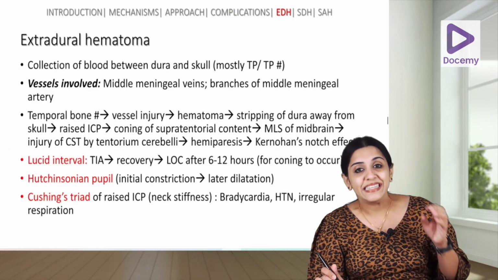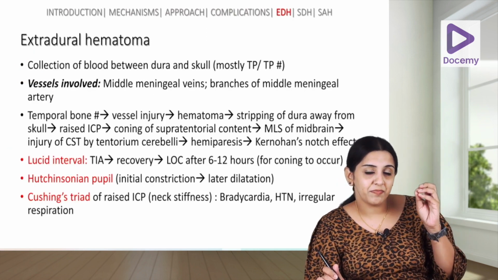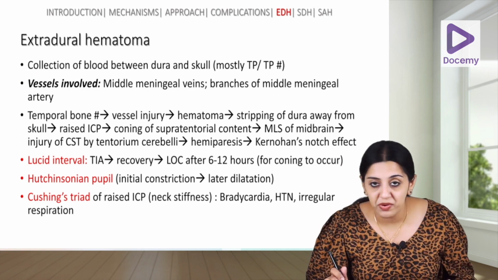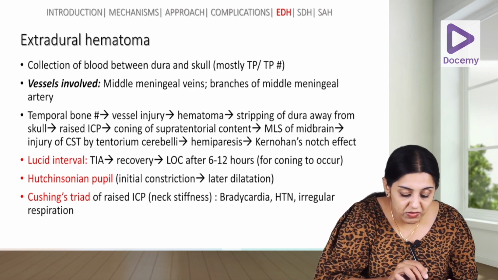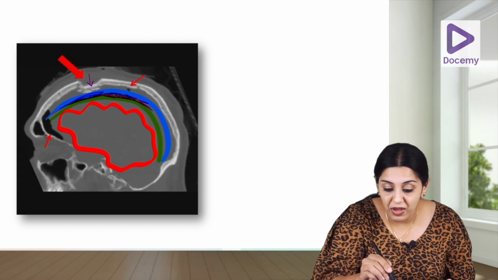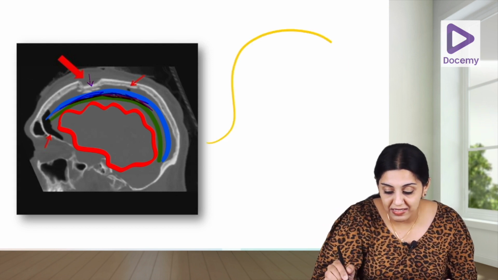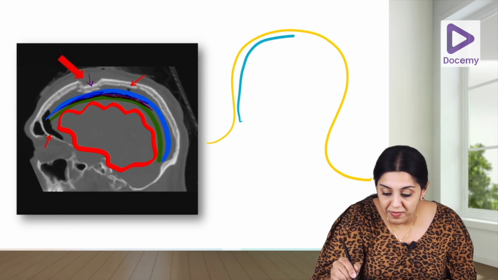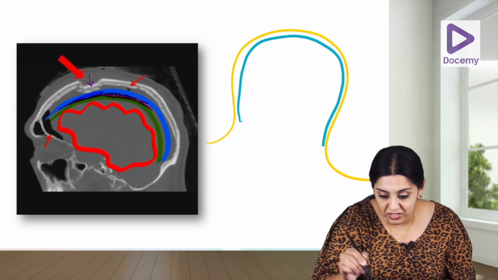Now coming to each intracranial bleed separately. First of all, extradural hemorrhage. Now as you know, you have the skull, you have the skin or the scalp. Underneath that you have the dura mater, which is part of the meninges.